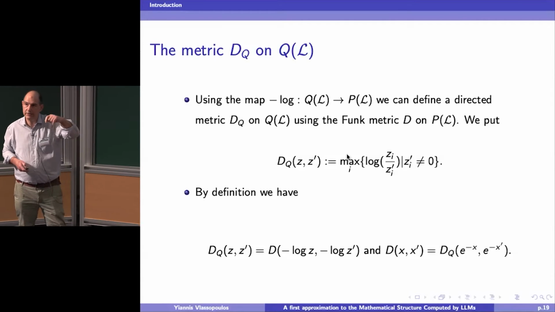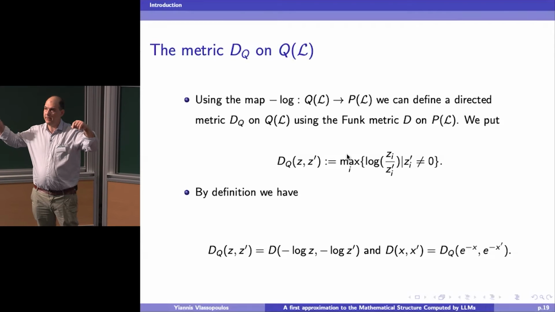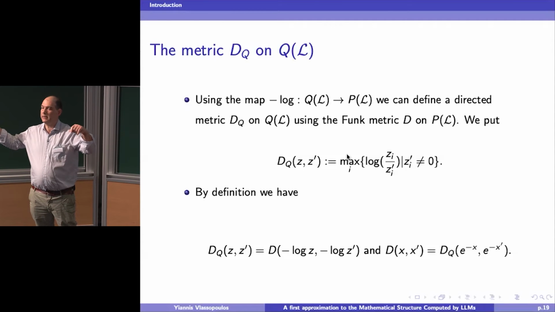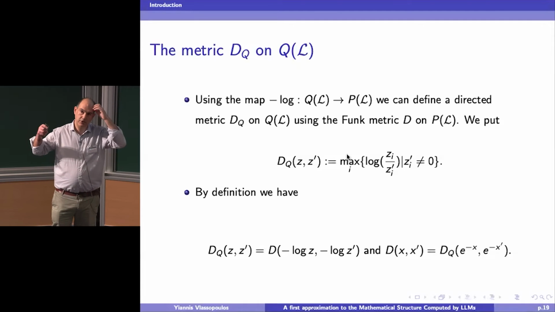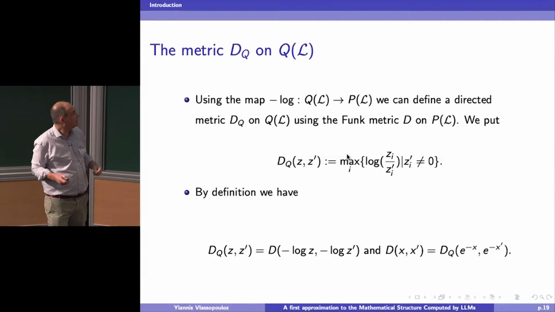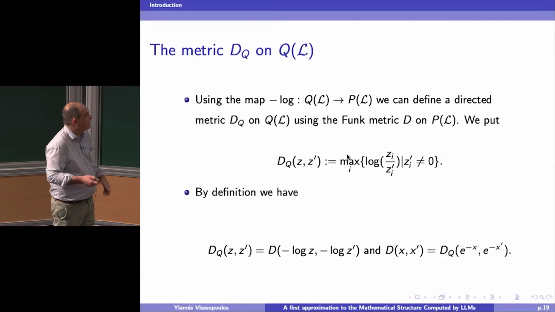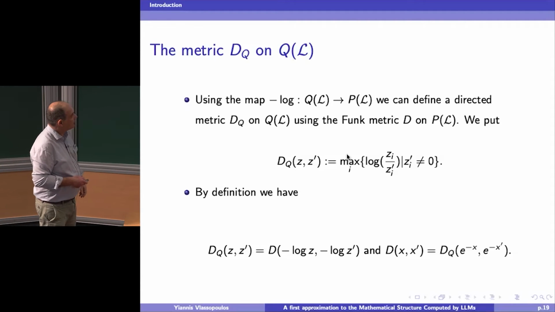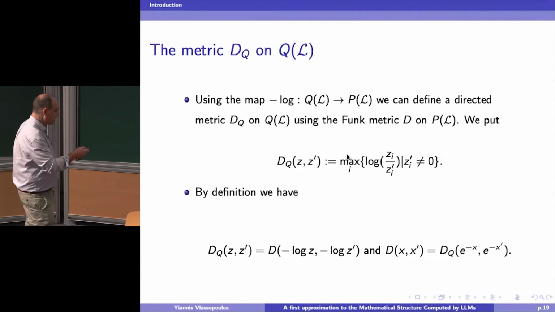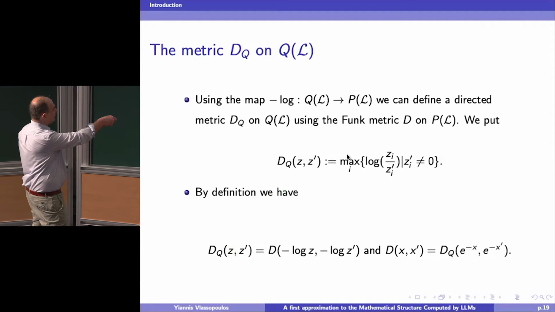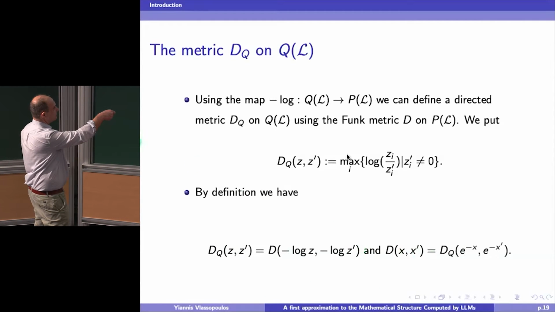So originally we said that L is isometrically embedded into this PL, but now we can say that L is isometrically embedded into this QL because we just have to exponentiate the map from PL to QL, and we get this metric. So it's also an isometry.